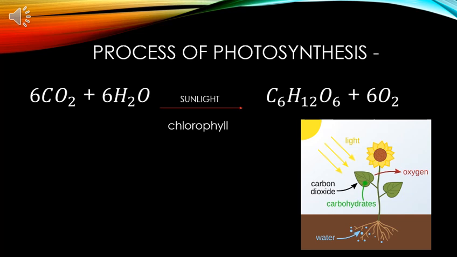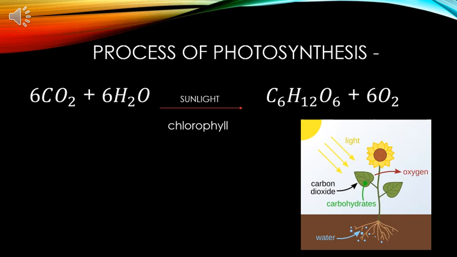This creates a balance and helps us to respire. Like if two molecules of oxygen are being taken by us, and two are taken by us, so there are two molecules left, and the plant is releasing two molecules, then a balance has been created.